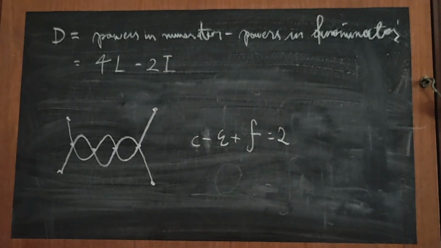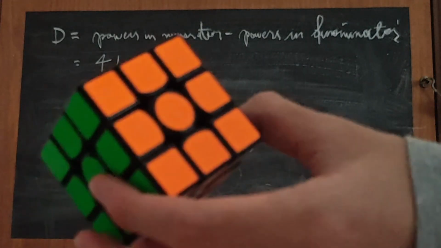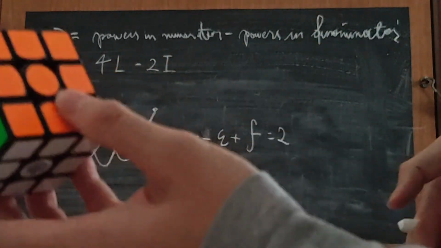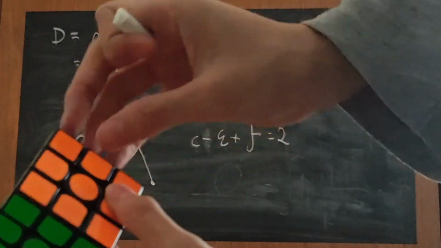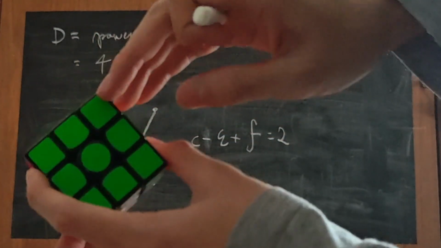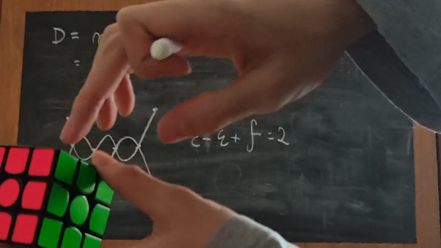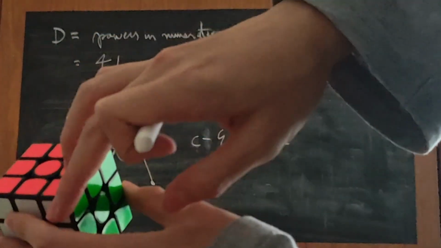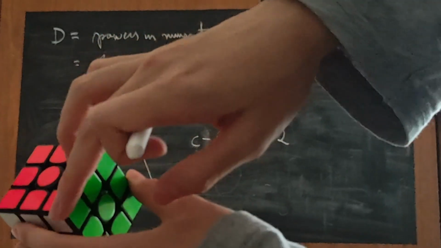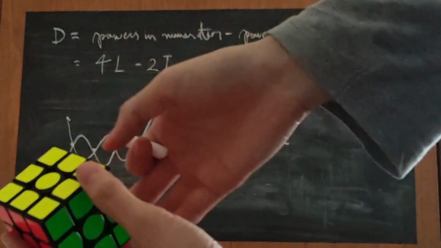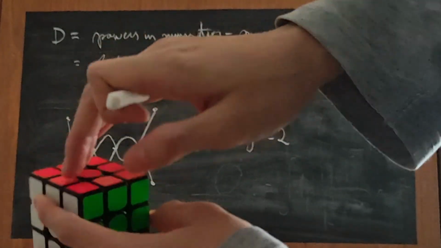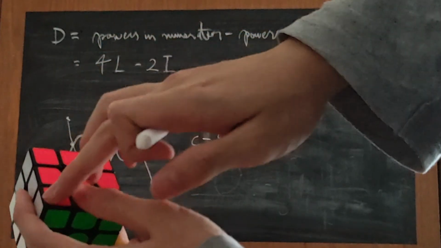So when we, let's say, take a 3-dimensional object, for example, the cube, these are the corners. Yeah, so on the cube we have 8 corners, and we have 6 faces, and we have 12 edges.